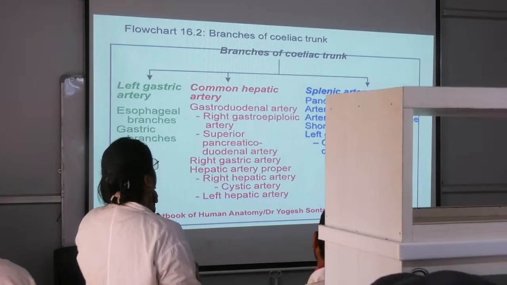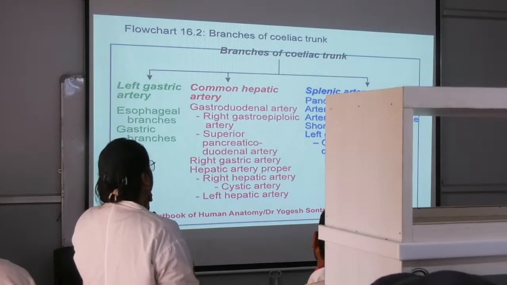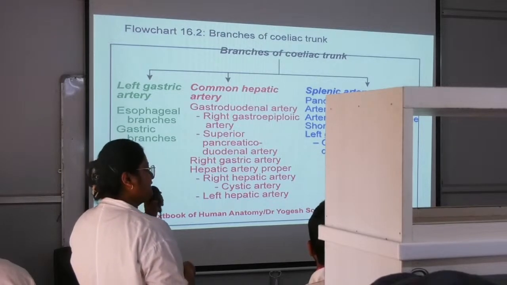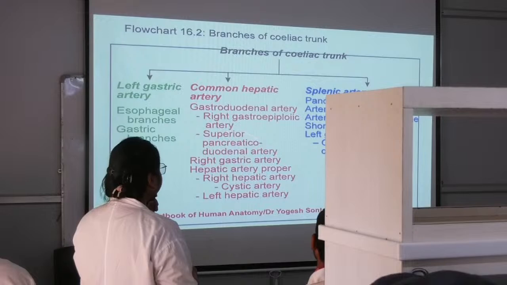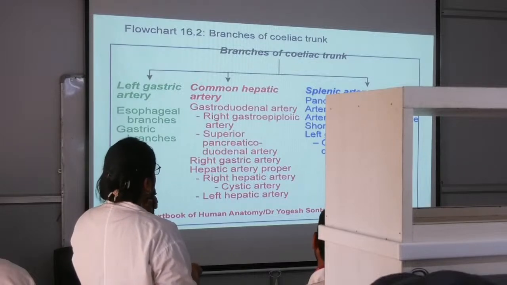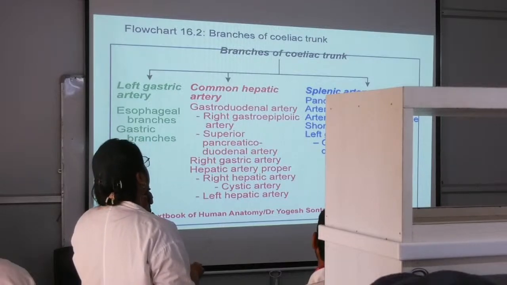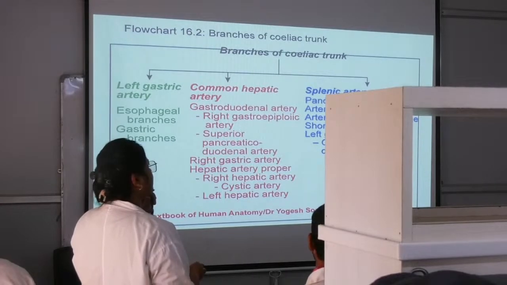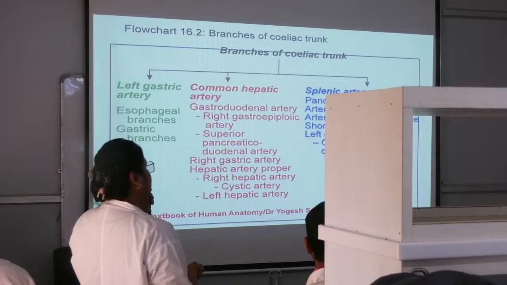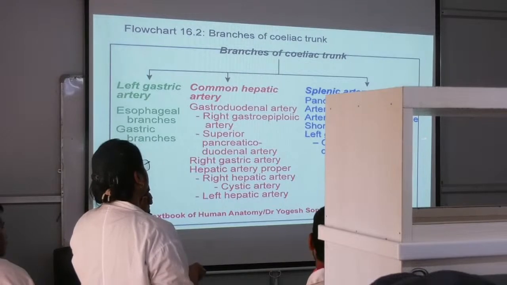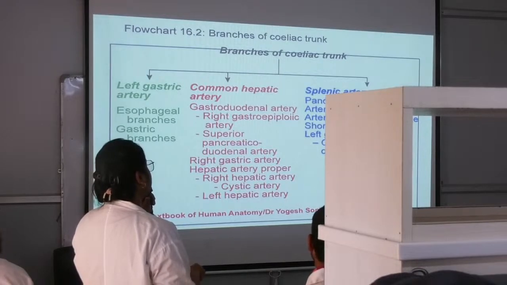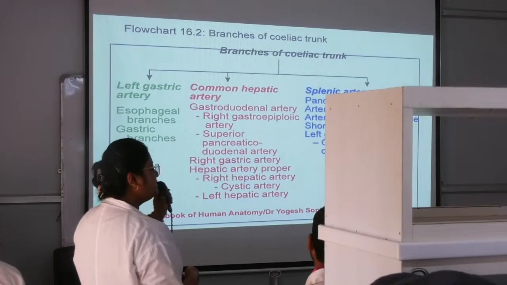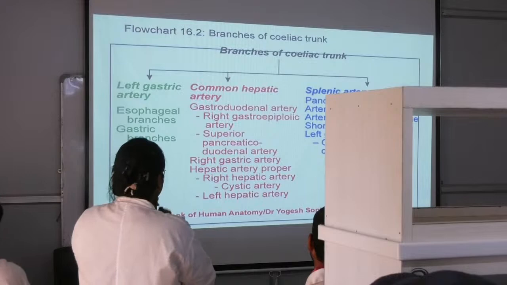Okay, and the gastroduodenal also gives the retroduodenal and supraduodenal arteries for the first part of the duodenum. Then the splenic artery gives pancreatic branches, arteria pancreatica magna, arteria pancreatica cauda, short gastric arteries, and left gastroepiploic artery, which gives gastric and omental branches. So these are the branches of the celiac trunk. Okay. Next.